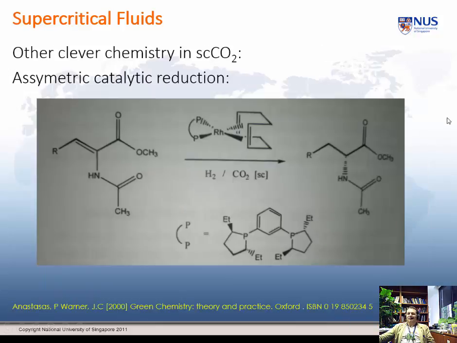Okay, other clever chemistry with supercritical carbon dioxide: a nice asymmetric catalytic reduction using a rhodium organometallic catalyst. PP there is this double ligand there. Then very neat, very clean, and very safe.